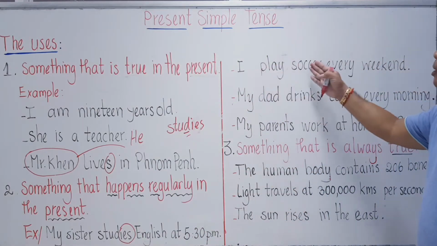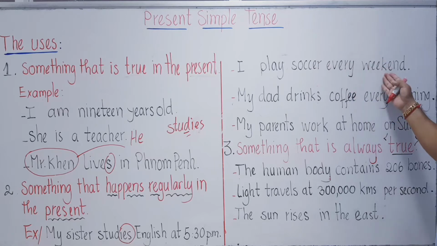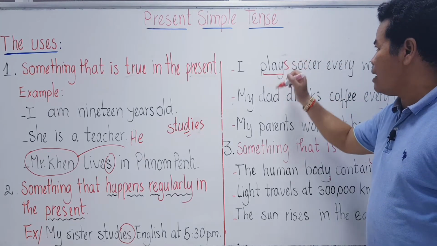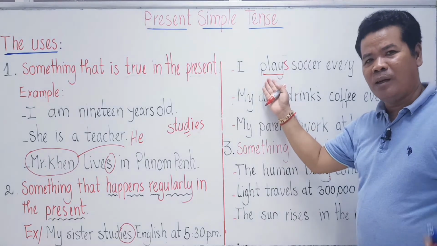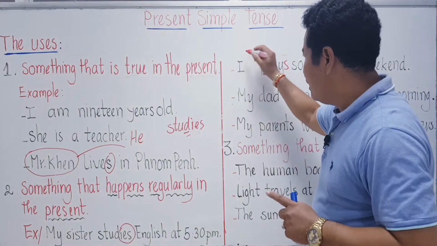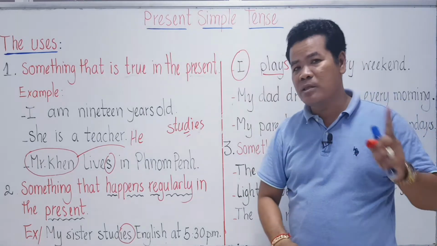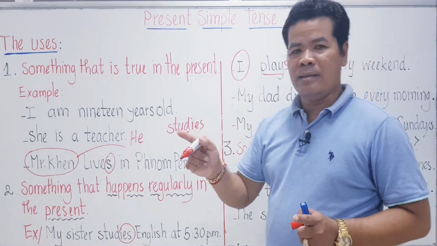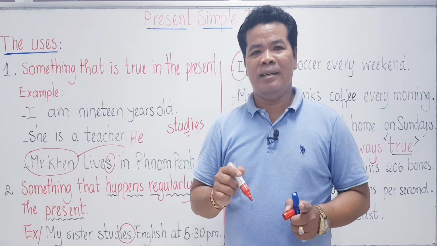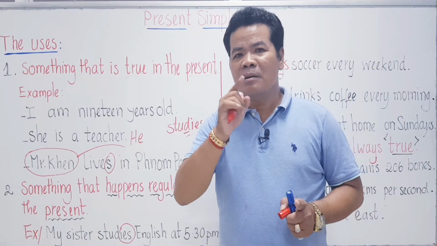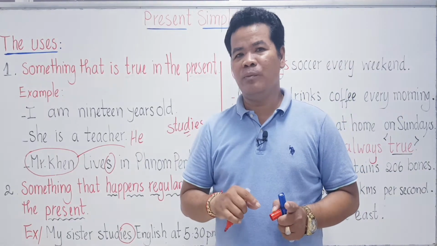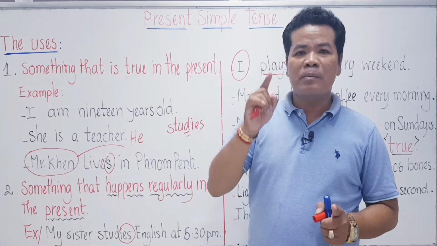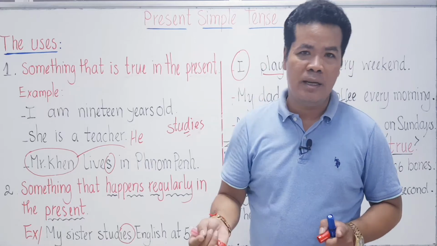I play soccer every weekend. Look at the word I play. Why we don't use s at the end of the verb? Look at the subject. I is not the third person singular. Verb plus s or es is not just used with the present simple. It is used with the present simple and also the subject third person singular.